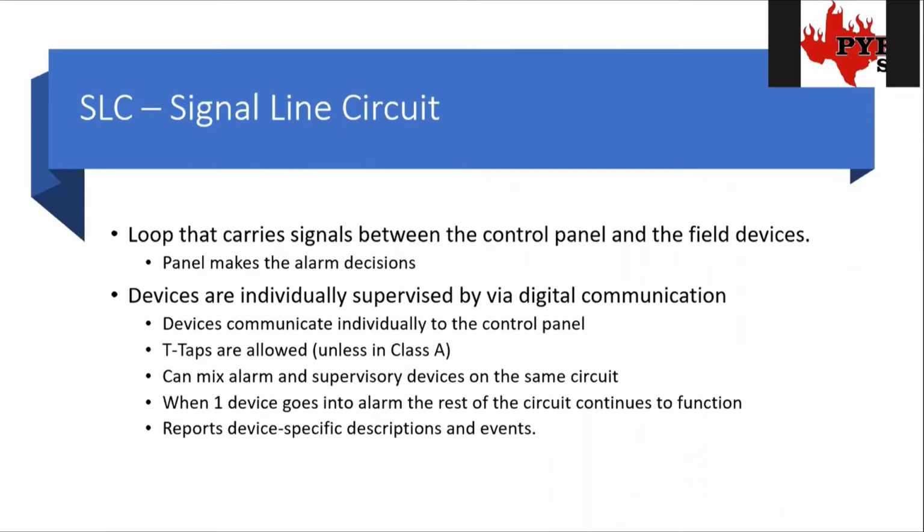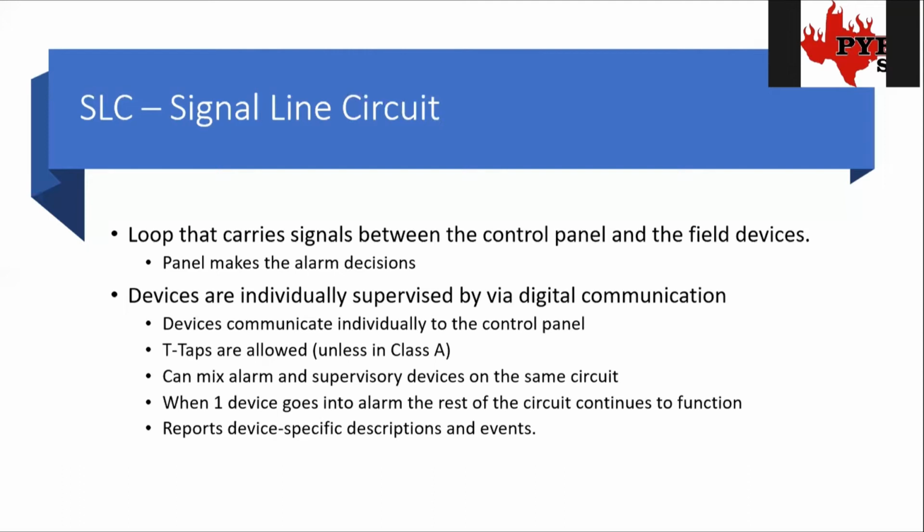One of the things that's important to know with this, especially when you're talking to a fire marshal, and it's the sub-bullet under that first point there, the panel is what makes the alarm decision here. So in that IDC circuit, there's not really information communicated back and forth between your control panel and your device. It's just, is the device shorted, yes or no?